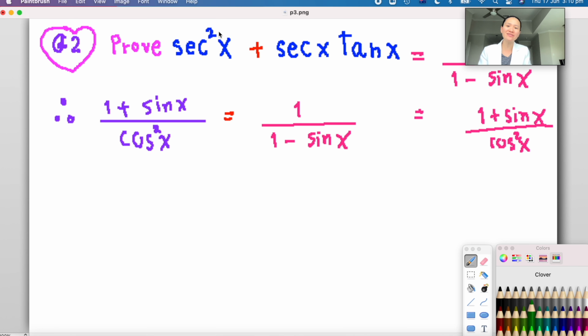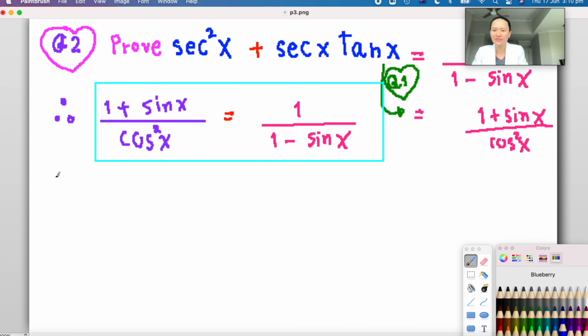Again, how do we know that sec x squared plus sec x tan x equals (1 plus sin x) divided by cos x squared? Because it comes from question number 1, which we just proved. Let's do the solution here.